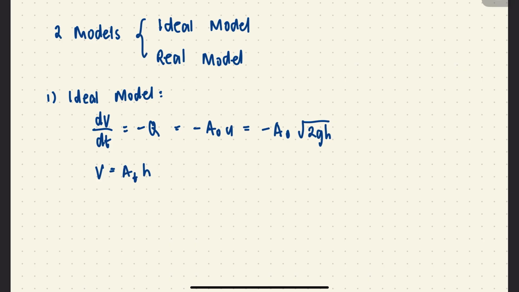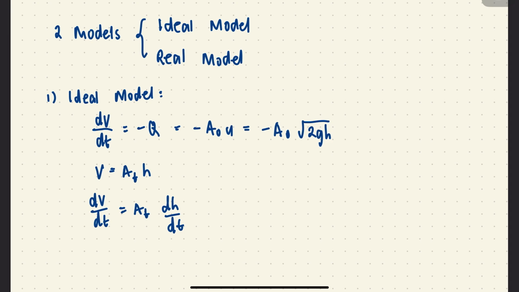If we use this, or when we differentiate both sides with respect to t, this will be dV over dt. Then you'll have your A sub T. Then h is in terms of t, so this will be dh over dt. Okay?